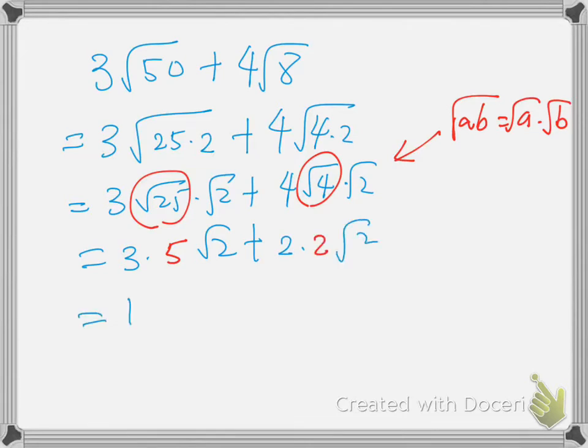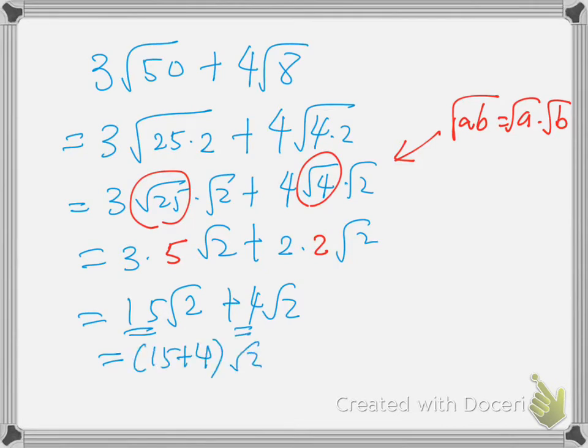So this is 15 radical 2 plus 4 radical 2, which is 15 plus 4. This is the addition part, and then we keep the common radical. So this is 19 radical 2.